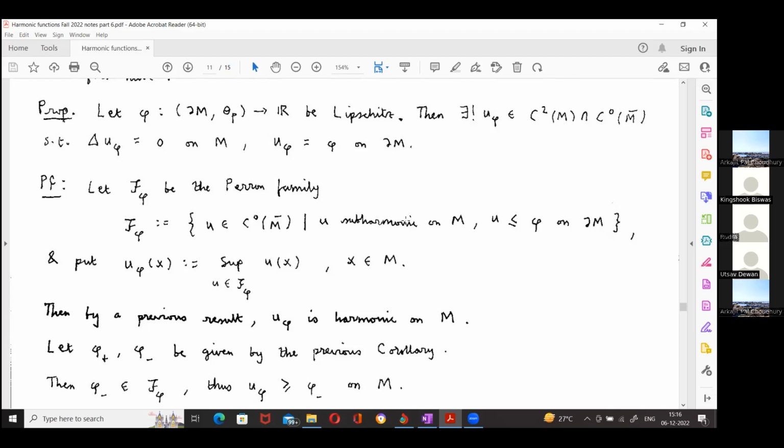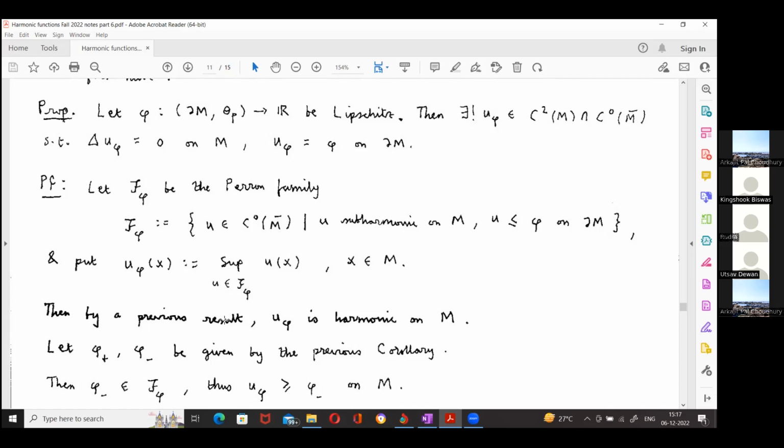It will be continuous on M bar and less than or equal to phi on boundary M. So this Perron family is non-empty, and by the maximum principle, all of the functions in the Perron family are bounded above by the supremum of phi, right? They're bounded on the whole space by the supremum of phi, by the maximum principle. So this supremum of u of x over functions u in the Perron family is finite, right?